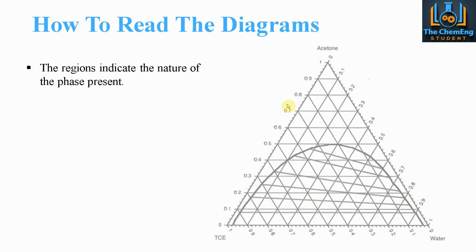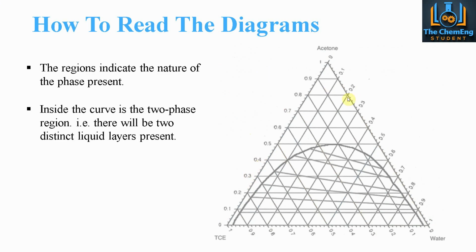Now the regions that we haven't discussed yet essentially represent the nature of the phases. Because inside the curve, so at this point, this curve here, right? So inside the curve would be in this region. Then this is the 2-phase region, i.e. we would have 2 distinctive liquid layers.